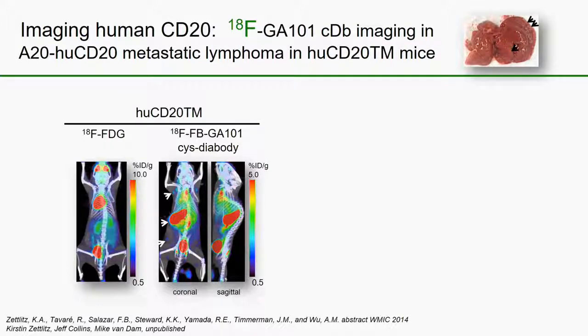So what we wanted to do was image the endogenous human CD20 signal in a transgenic mouse, and then ask the question on top of that, can we image a CD20 expressing lymphoma in the context of the normal lymphoid tissue sink that you find in the spleen and the lymph nodes, because that would be mimicking more closely what you would see in a patient if you're trying to image a B-cell lymphoma.